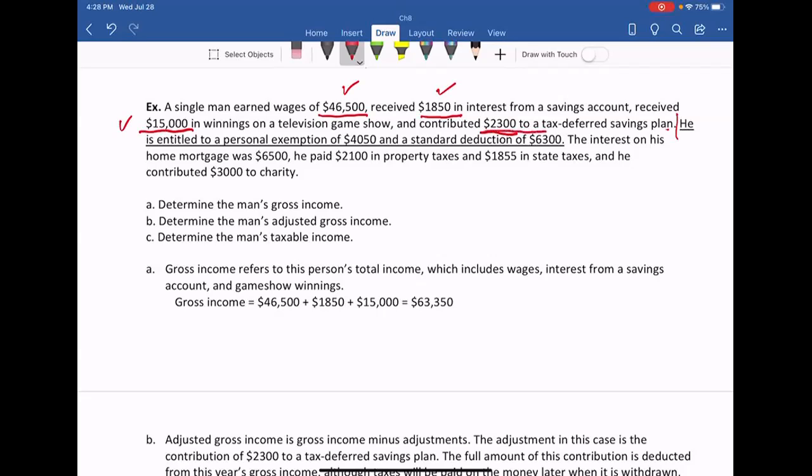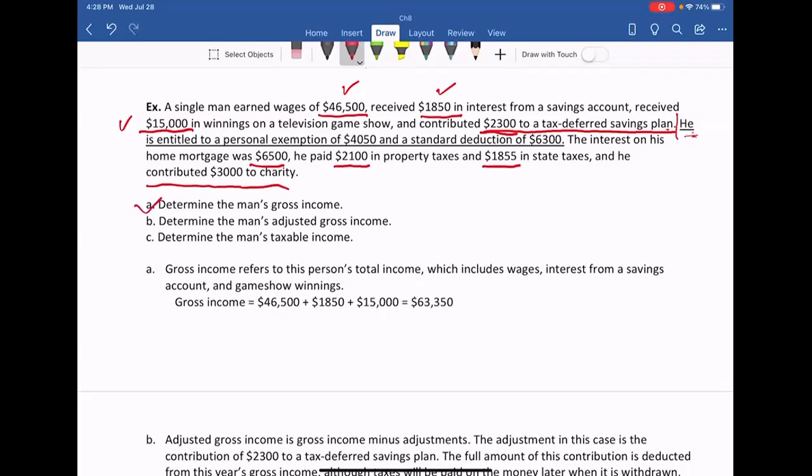And here is the tax deferred saving plan. That's the adjustment. Let's continue to read. He is entitled to a personal exemption of $4,050 and a standard deduction of $6,300. The interest on his home mortgage was this amount, and then he paid this amount of property taxes and this amount of state taxes and the contribution to the charity.